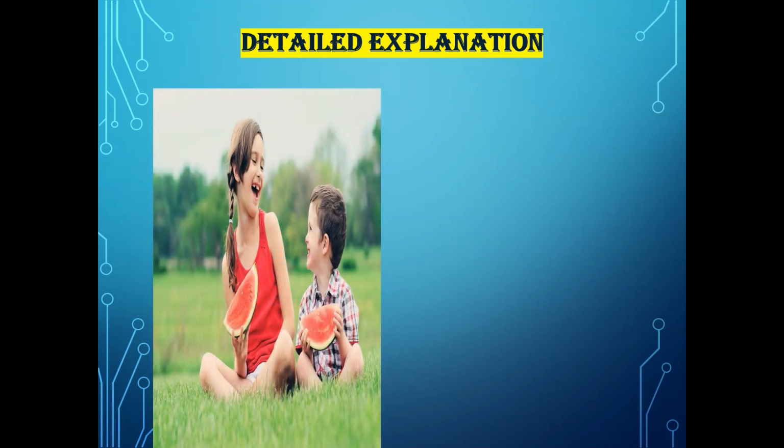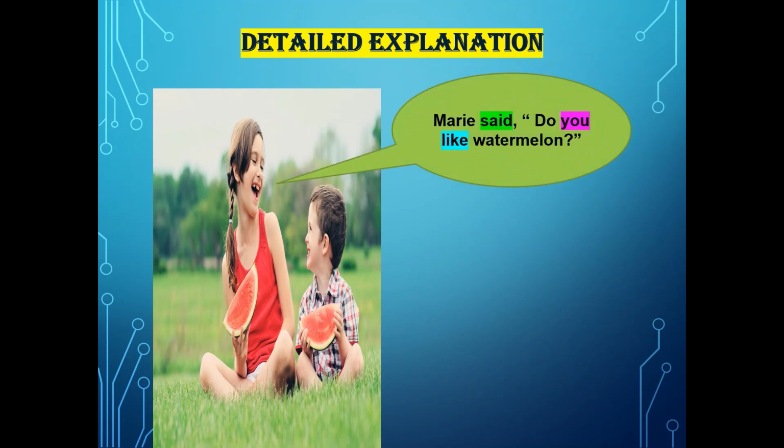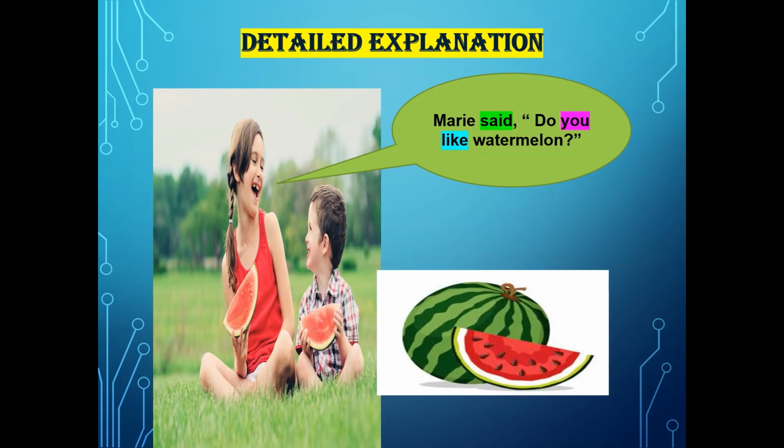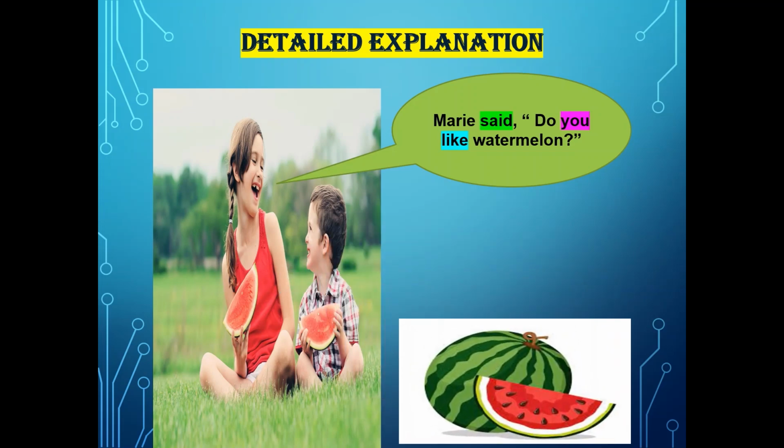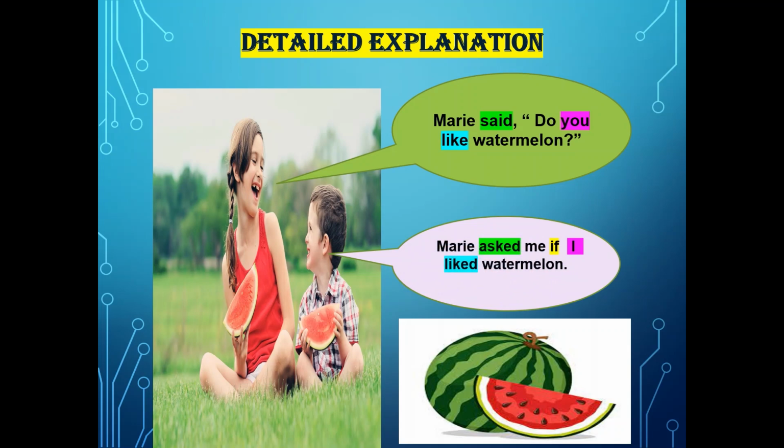Look at the picture. Mary said to her brother, "Do you like watermelon?" And if we change this sentence into indirect speech, the answer will be Mary asked me if I liked watermelon. So here you can see the reporting verb said gets changed and it becomes asked, and the pronoun you changed into I, and if is used here, and the verb like changes into liked.